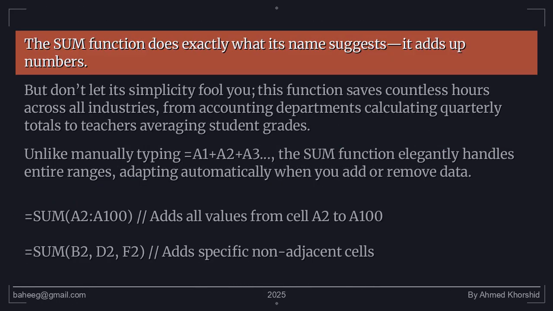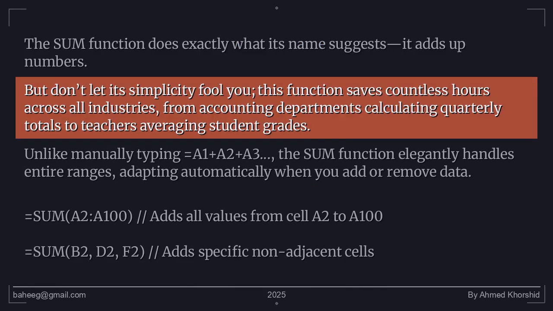The SUM function does exactly what its name suggests, it adds up numbers. But don't let its simplicity fool you. This function saves countless hours across all industries, from accounting departments calculating quarterly totals to teachers averaging student grades.